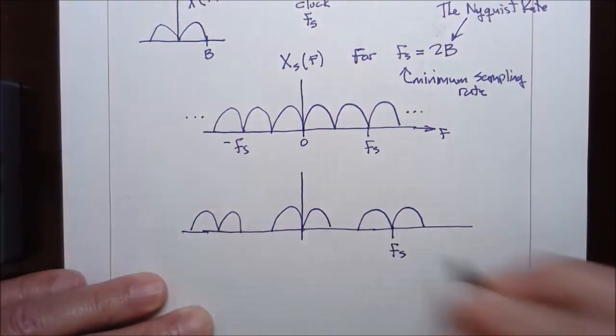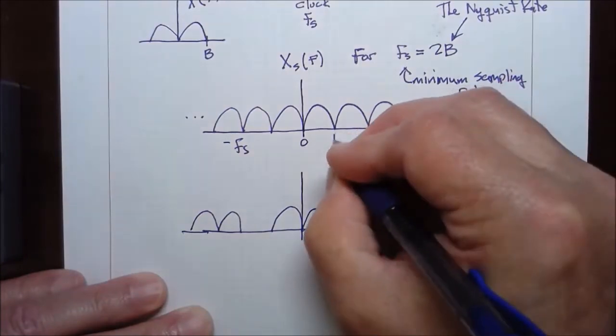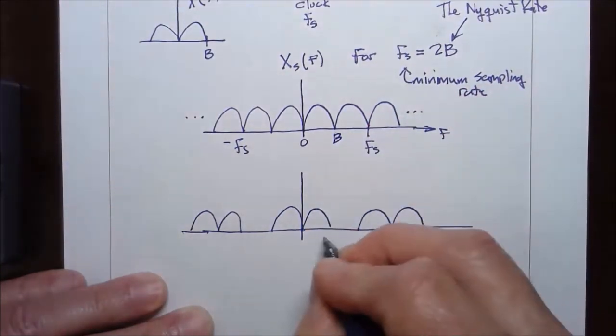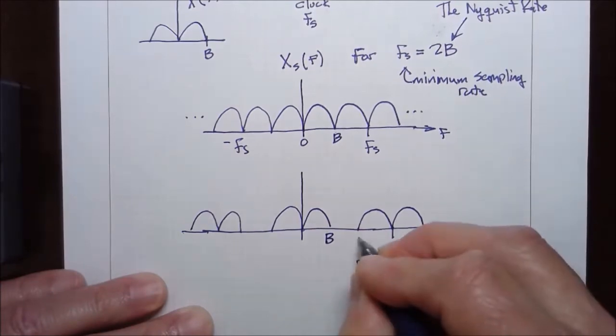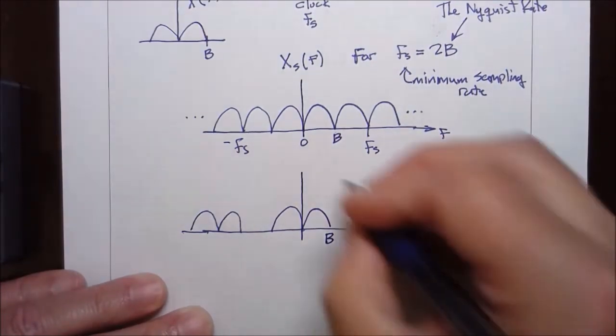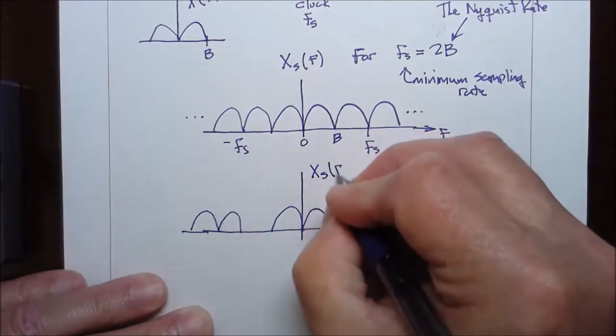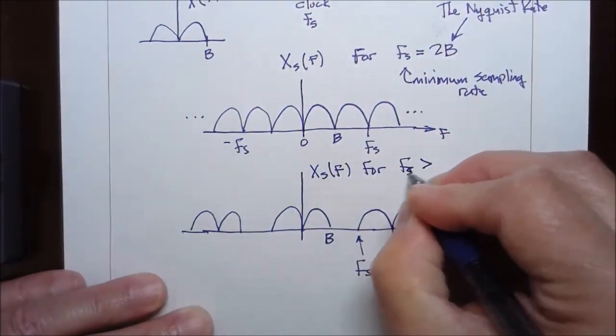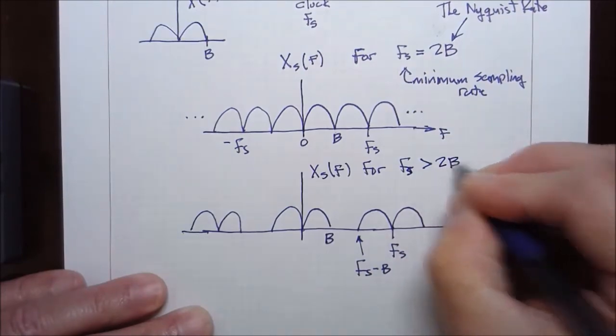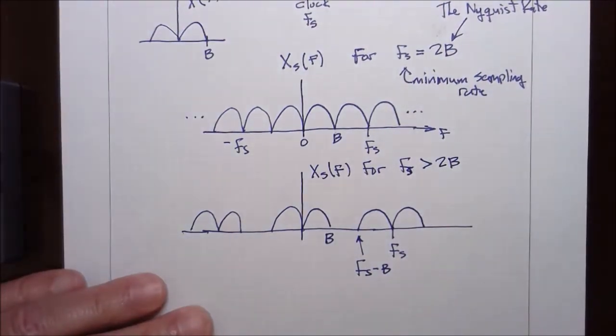This is Fs. This is B right there. So this is B. This is Fs minus B. This is for the sampling rate greater than the Nyquist rate.